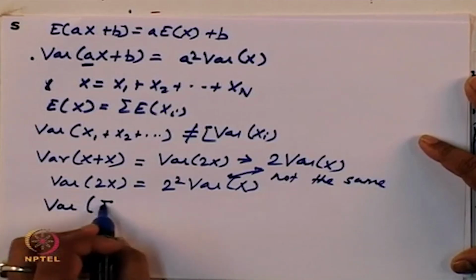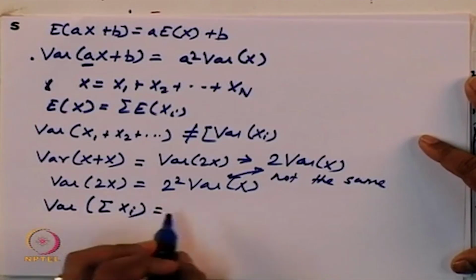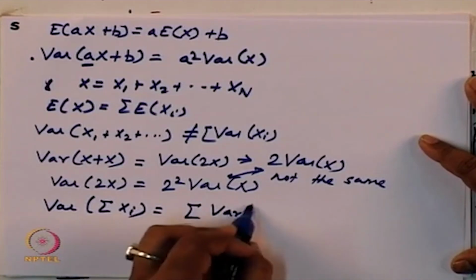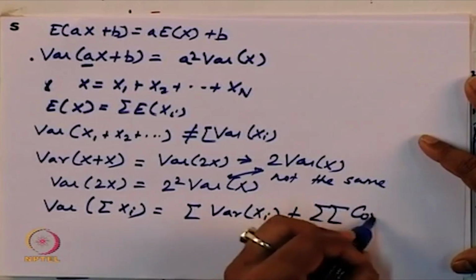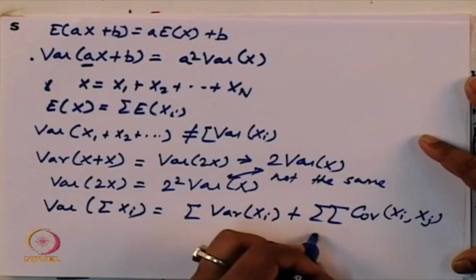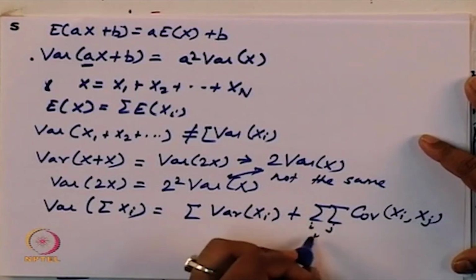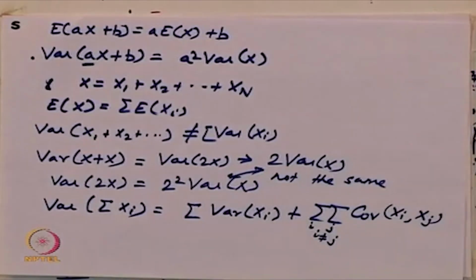However, in the general case, I am not going to derive this equation, you can write variance of summation of xi is given by summation of variance of xi plus the covariance summed over i and over j, and this expression has to be computed for i not equal to j.